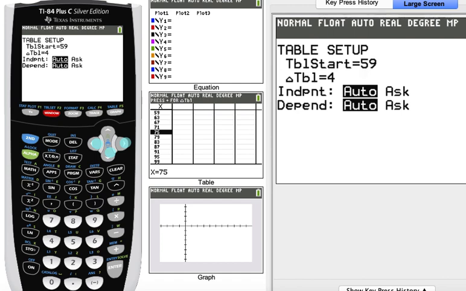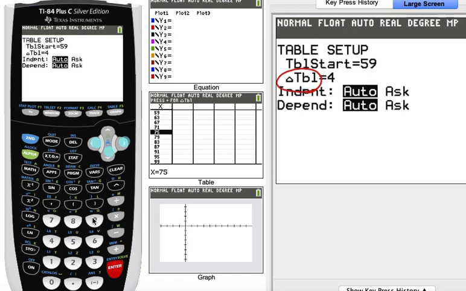In that first row, there are 59 seats. So you can just plug in the 59 there and then go down. And where it has that triangle TBL, that's asking what's the change. When you're making your table, it will go up by 4 each time. So that's why we have the 4 there, okay?